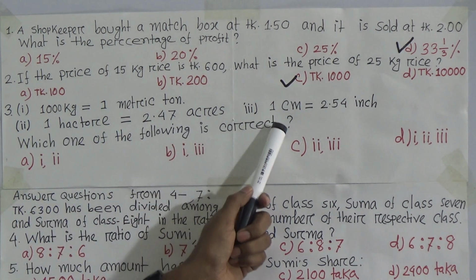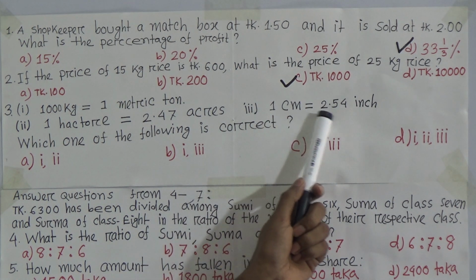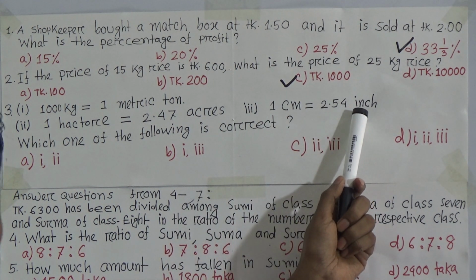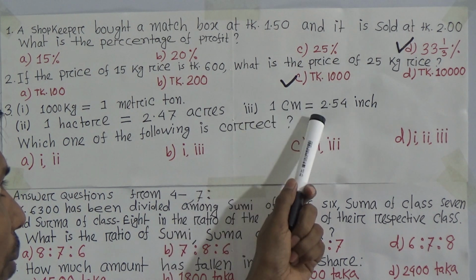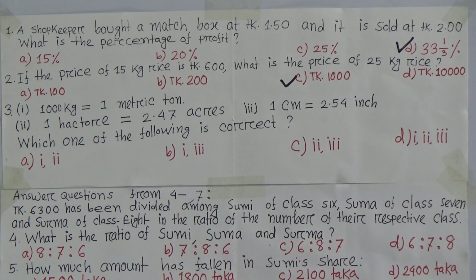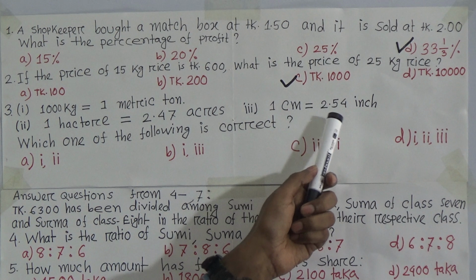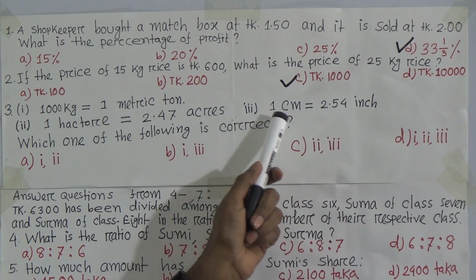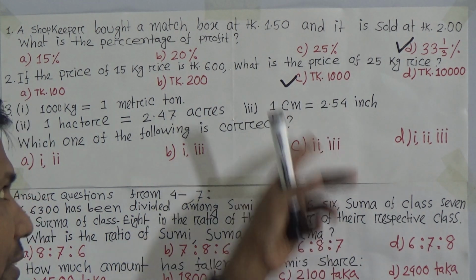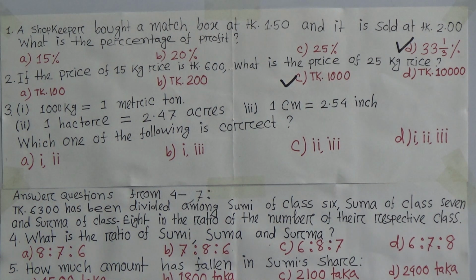But you see, 1 centimeter equals 2.54 inch. Okay, you see the question properly. This is obviously converse. That means 1 inch equals 2.54 cm, but this question is written conversely. So this is a mistake. So our required answer will be what? 1 and 2, that means option A.